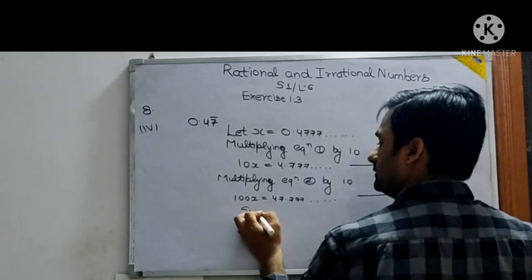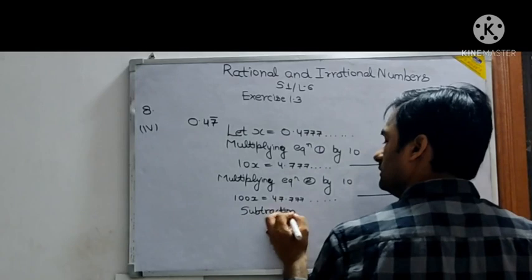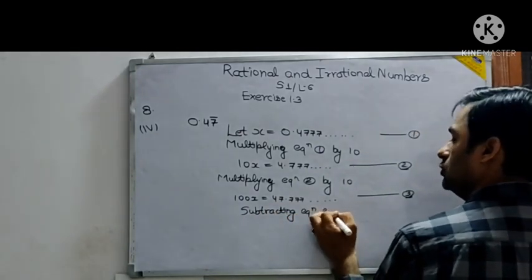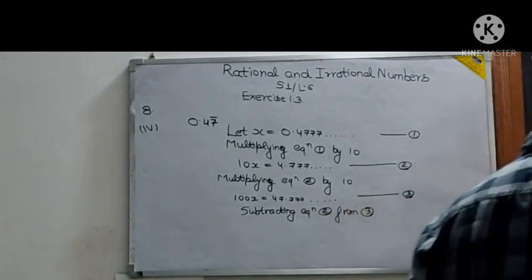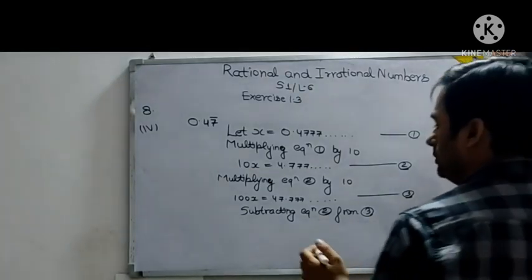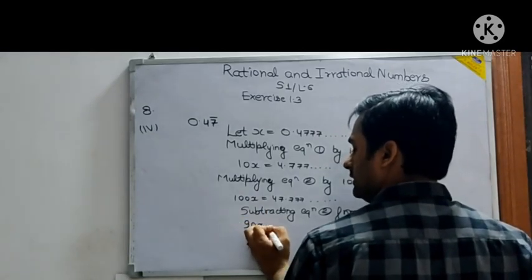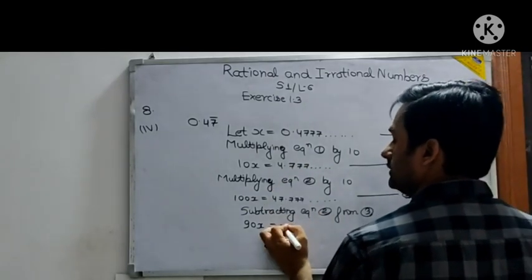Subtracting equation 2 from 3. This is equation 1, 2, 3. How they are named in the short example? They have given this only, not the Roman ones. So 100x minus 10x is 90x. 47, all the 7 goes. 47 minus 4 is 43.